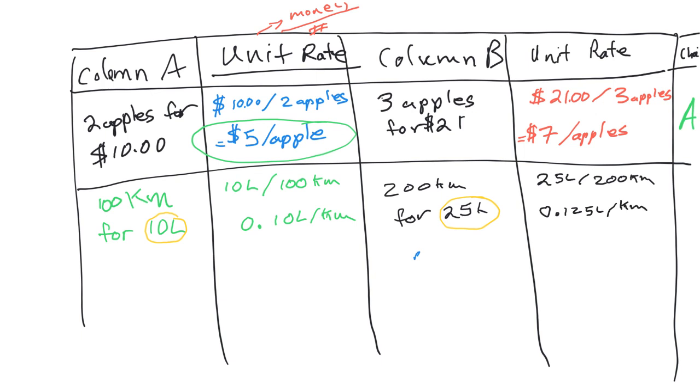Now remember, we're always trying to find the lowest or cheapest amount. In this case, we're going to end up going with this one here because 0.10 is less than 0.125. So we're going to say this is column A again.